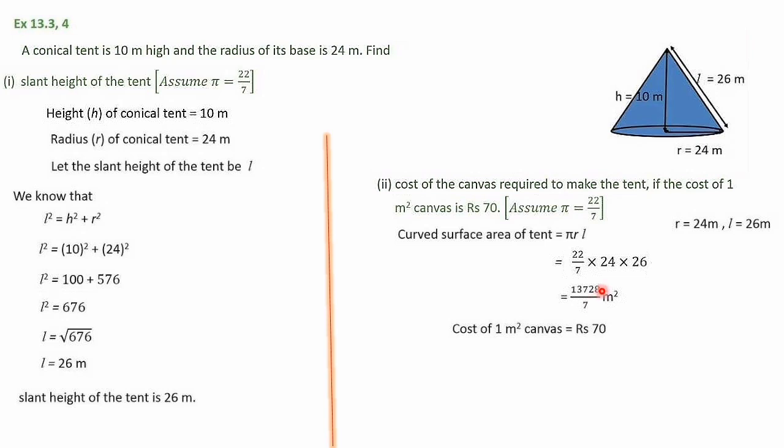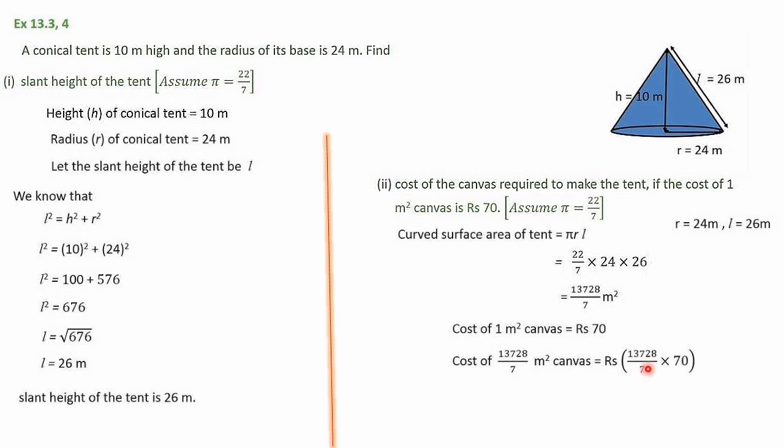Actually we need this much area, 13,728 by 7 meter square of canvas is required, because this is our curved surface area. The area to be covered is this much. So the cost of 13,728 by 7 meter square canvas is equal to 13,728 by 7 into the cost of 1 meter square, that is rupees 70.